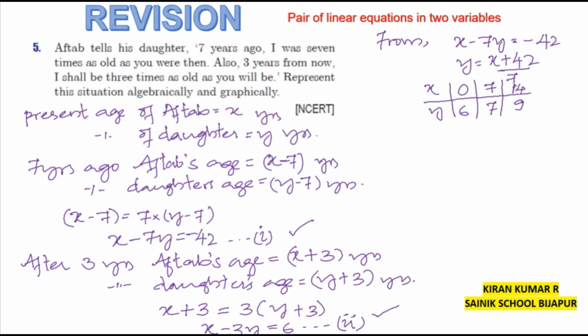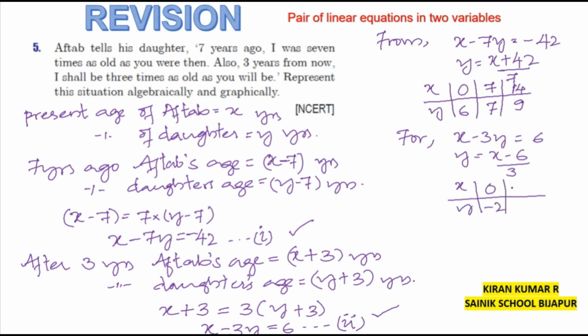x minus 7y equal to minus 42. Then one more equation is x minus 3y equal to 6. So y will be equal to x minus 6 upon 3. When the value of x is taken as 0, the value of y will be negative 2.